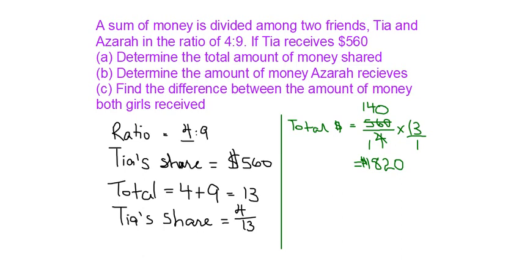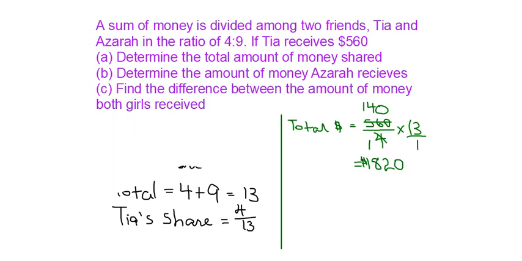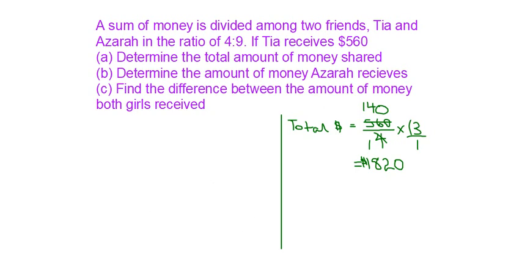Alright, so now that we have the total amount of money shared, let's talk about finding out the amount of money Azara received. Alright? So, yes, let's hear it. Lovely.